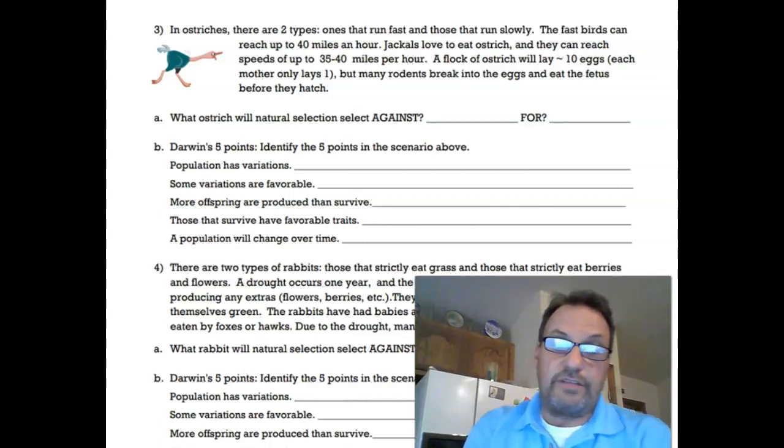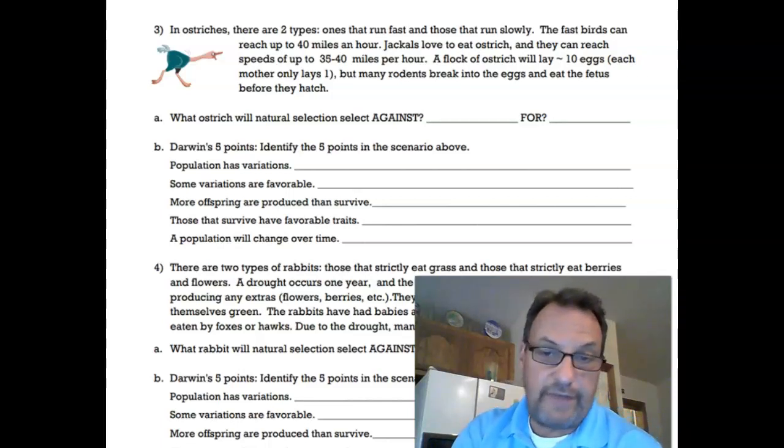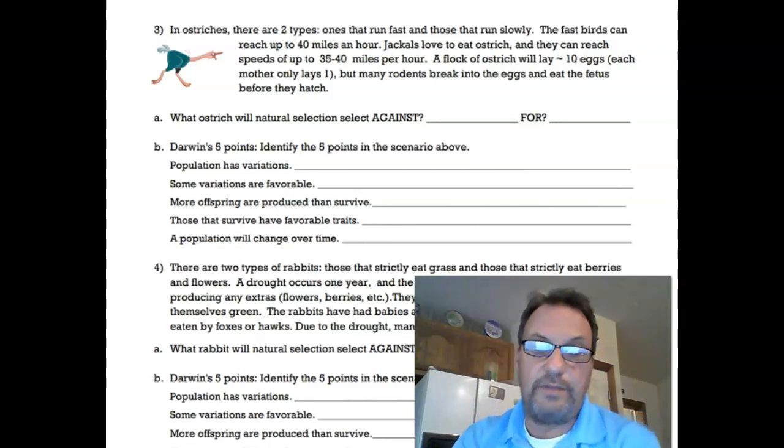But we know that those that survive are probably going to be those that run fast. And so that population is going to change over time. You're going to end up with a lot faster ostriches, and they may get faster and faster and faster as time goes on.